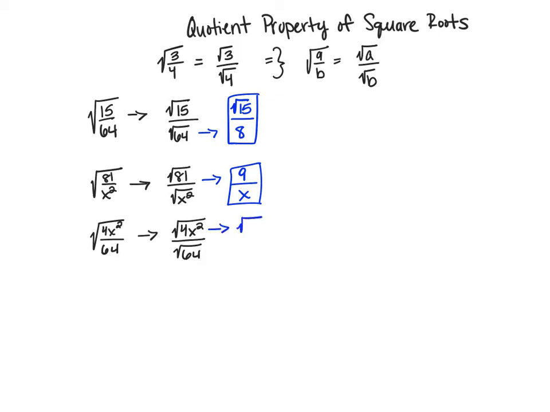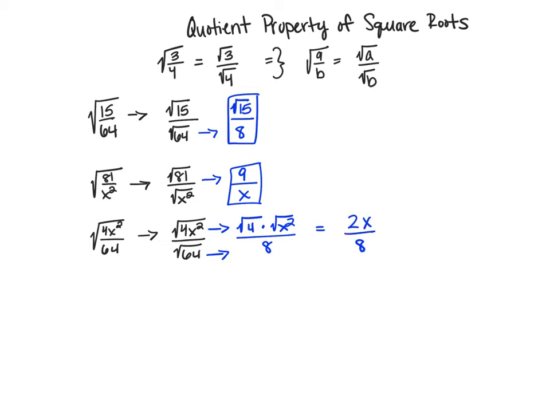So using the rule from the previous video, this would be the square root of 4 times the square root of x squared. And then this one's pretty easy, the square root of 64. I can go ahead and simplify that to 8. So then we have the square root of 4 is 2. The square root of the x squared right here is going to be x, and then the 8 on bottom.